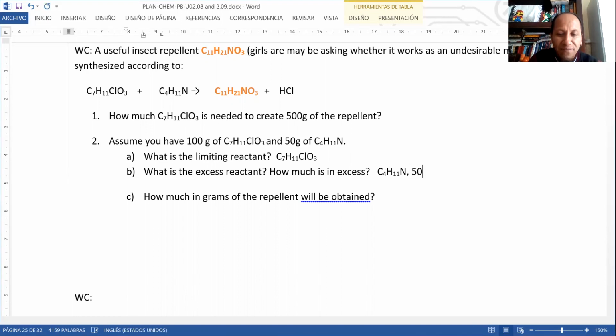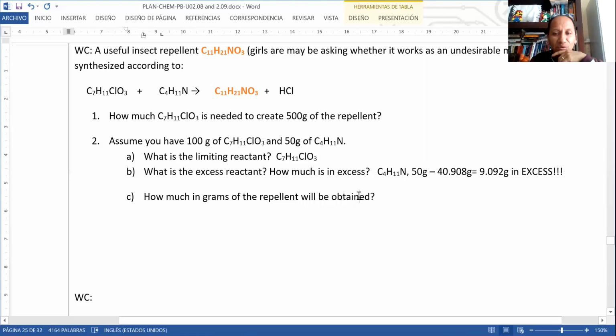In excess is the 50 grams they gave you minus the 40.908 grams. If you put it into your calculator, 50 minus 40.908, it's 9.092 grams in excess.